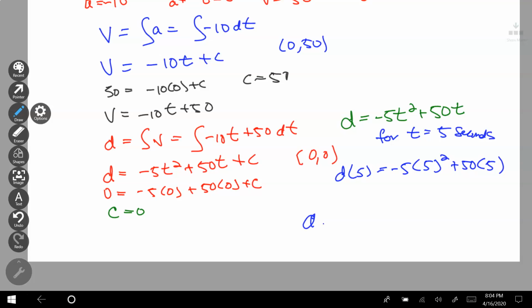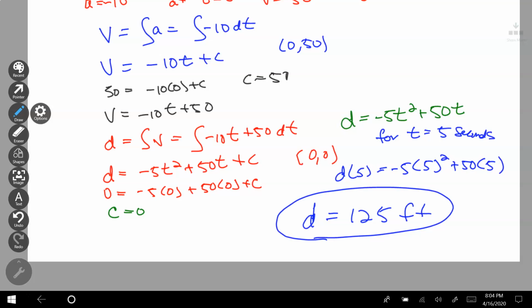And I get my distance is again 125 feet. So it works both with geometry and calculus. It's easy to do geometry when you have a nice right triangle. Maybe later we're going to do things that aren't nice geometric shapes. Okay, those are the notes for today. Thank you very much.